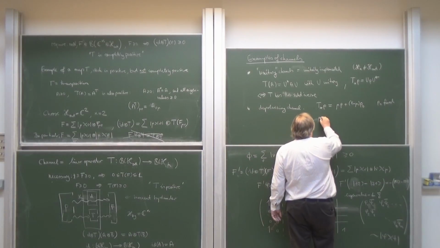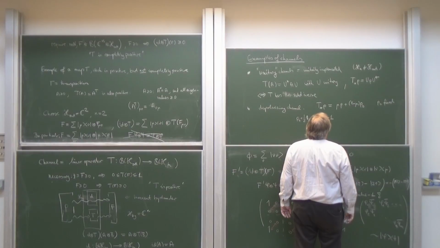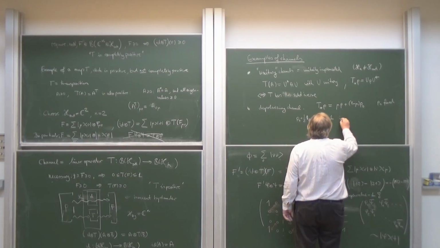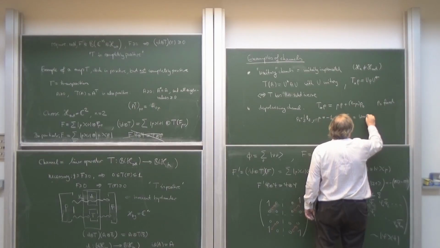And now if I take mu equal -1, then T star is the universal NOT that I just described.